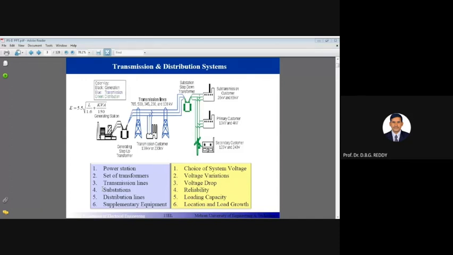Here the choice of voltage is very important, the voltage to which we have to transmit from the generating station to the load center. The choice of voltage, voltage variations, voltage drop, reliability, loading capability, location and load growth are very important. While transferring a large amount of power from the generating station to the load center, we have to select the higher operating voltage. That is very important.